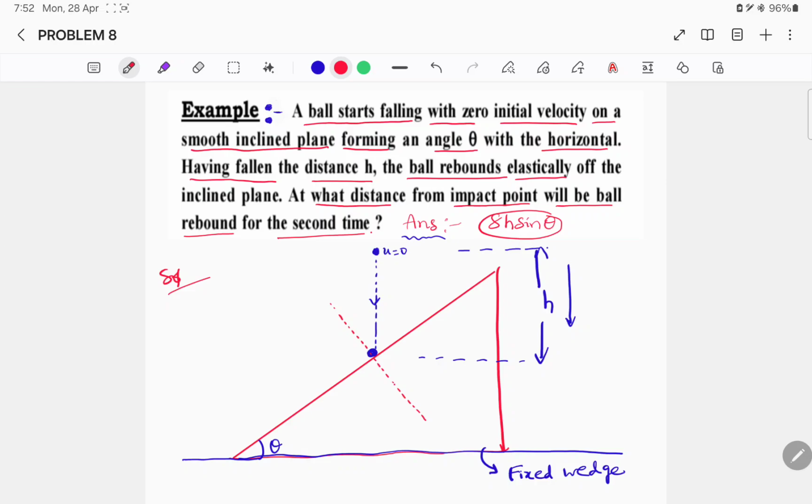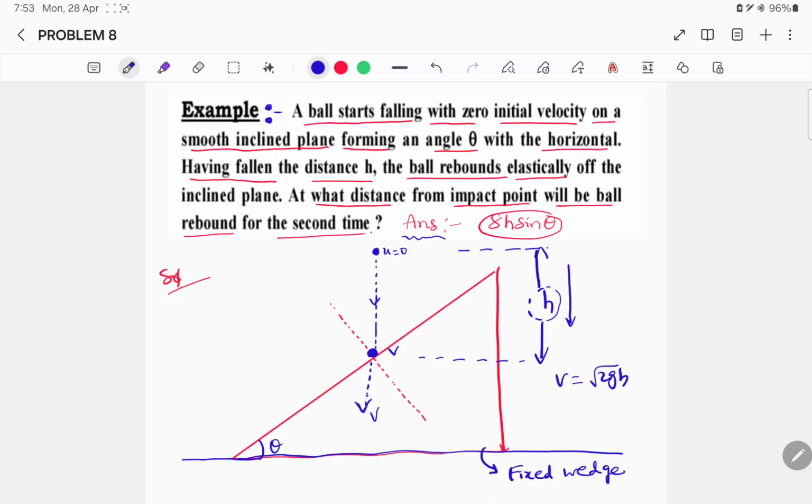Whenever there is a collision between two objects, at the common contact surface we draw an imaginary line of impact. Now this particle at this instant of hitting has some speed v, which will be a downward vector, and the value of v will be root of 2gh, because it's a freely falling body. After traveling h distance, everyone can notice that v equals root of 2gh.